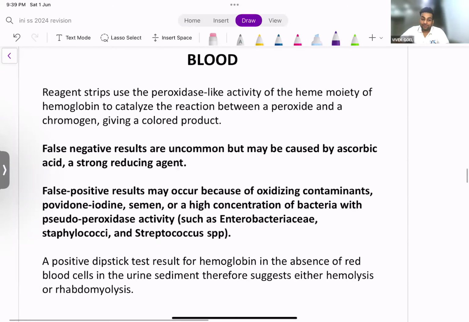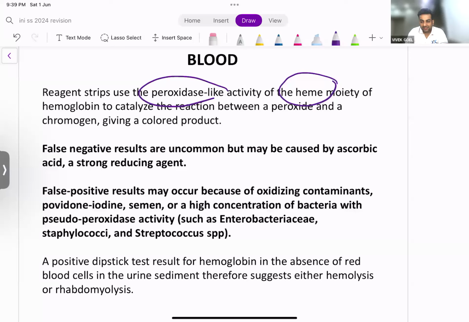Now, very, very important, blood. For blood in the urine, there is a peroxidase activity of the heme moiety. Hemoglobin is made up of heme and globin. The heme moiety has a peroxidase activity, and that is used for a reaction between a peroxide and a chromogen, which gives a colored product.